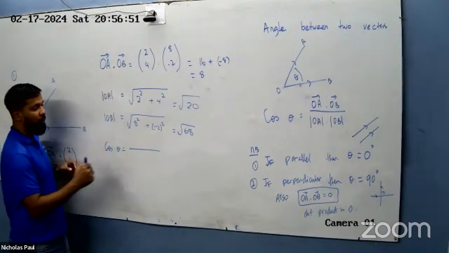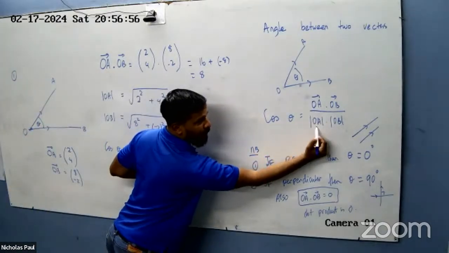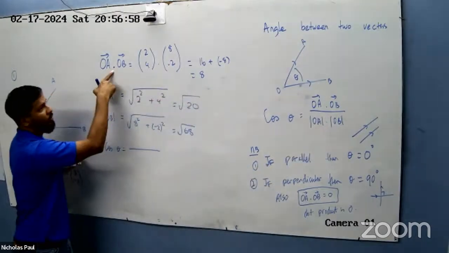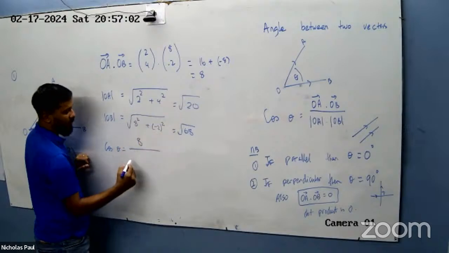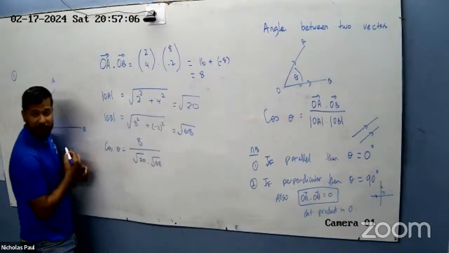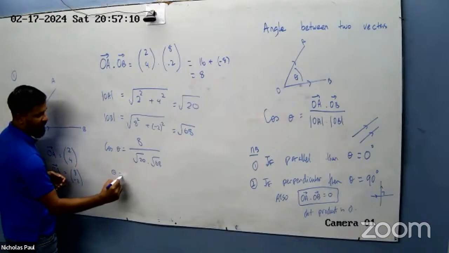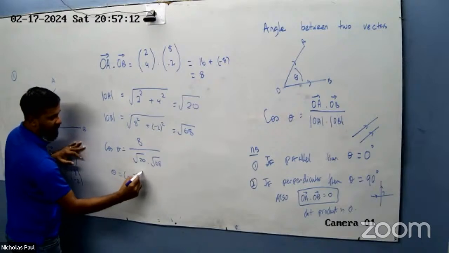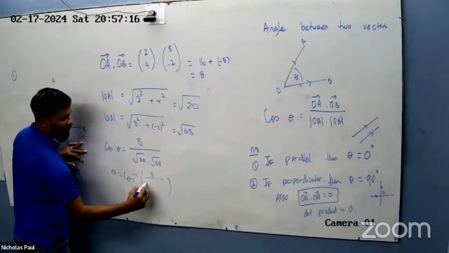We look at the formula: dot product divided by the product of the magnitudes. The dot product is 8, and the product of the magnitudes is root 20 by root 68. Then go straight to the calculator and find cos inverse of 8 over root 20 root 68.